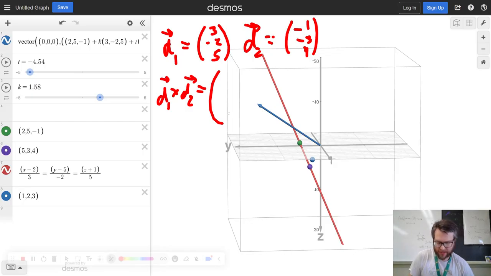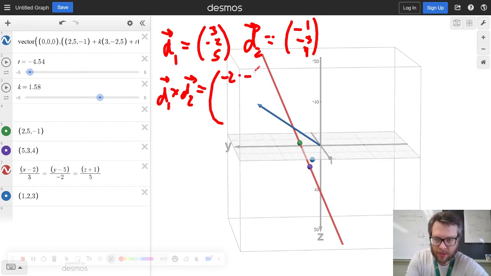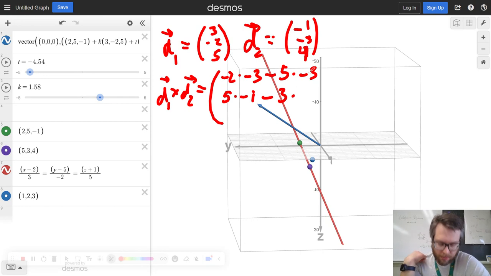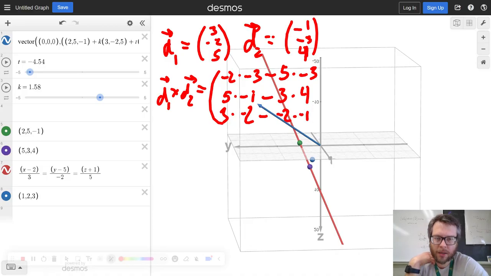I know some people memorize it, but just look at your formula. So A2 times B3 minus A3 times B2. A3 times B1 minus A1 times, that was a 4, I think. Yeah, A1 times B3. And then A1 times B2 minus A2 times B1.